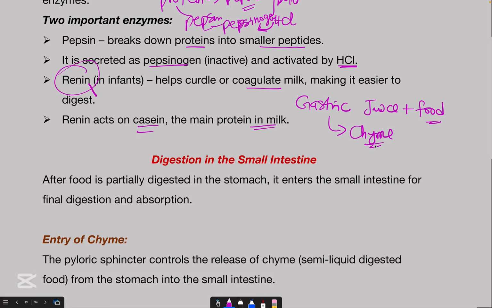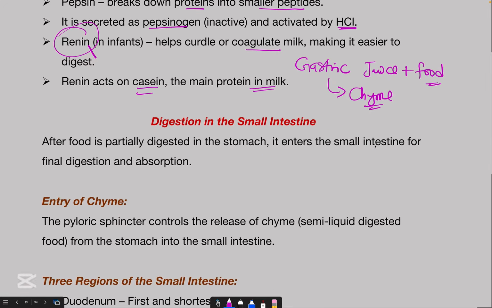There's also a sphincter that ensures the food gets to the small intestine and doesn't come back to the stomach. That sphincter is called the pyloric sphincter. The first one we talked about was the cardiac sphincter or lower esophageal sphincter. This one is called the pyloric sphincter. It's like a passage that allows the chyme to pass through, but does not allow it to go up.